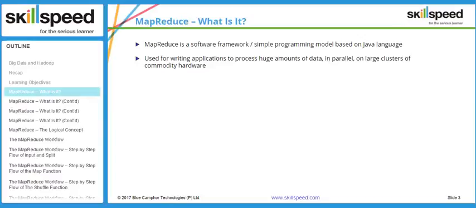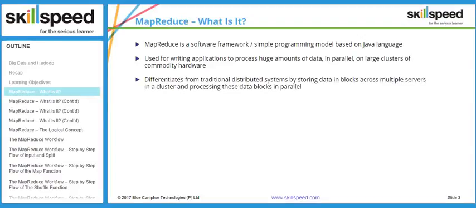So it allows us to process a huge amount of data in parallel on large clusters. The advantage of MapReduce is that the data is not getting processed in a sequential manner. Rather, once you write a MapReduce program, it will access the data at the same time, in parallel, and get it processed. Now, this is completely different from the traditional processing standards.